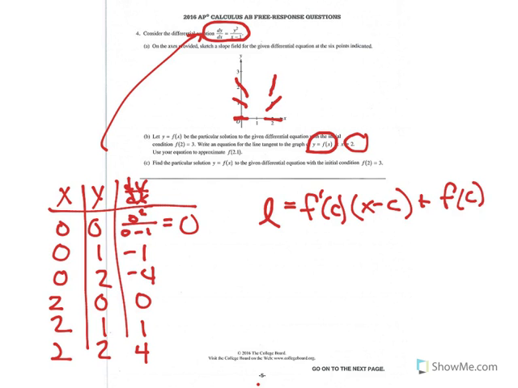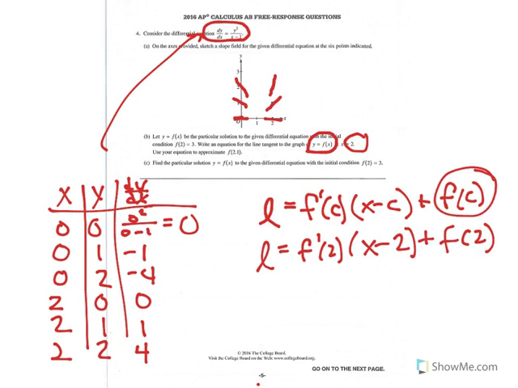So in order to find this information, I'm just going to fill them in. My c is 2, so L equals f prime of 2, x minus 2, plus f of 2. Don't be tricked by this term right here. That's just the y value, and they gave it to me. They told me that when x was 2, y was 3. And what was the slope at 2?